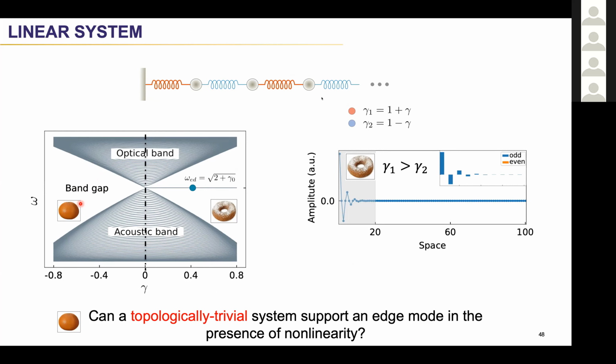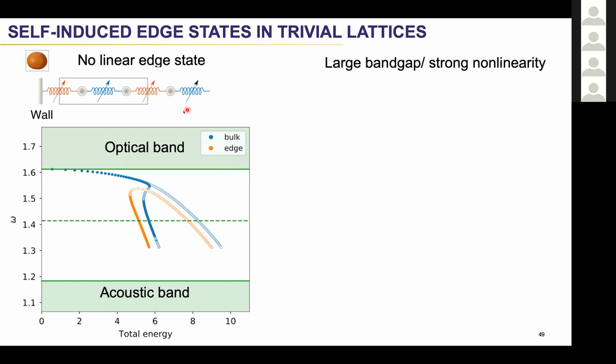As you can see here, we have a nonlinear system with an edge. This is in the linear limit, and it doesn't have any edge state here. But when we kick in nonlinearity, this is again the optical and acoustic band, and we are doing the continuation analysis for the optical mode.